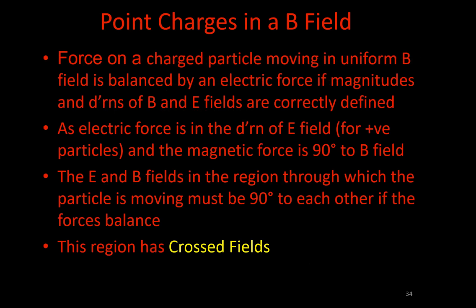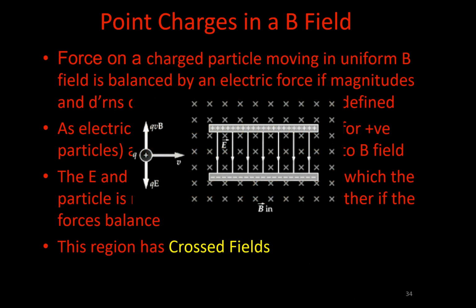So the electric and the magnetic fields in the region have to act on that particle 90 degrees to each other if the forces are balancing. So any region where an electric field is acting 90 degrees to a magnetic field is called a crossed field. That's the simplest way to remember this information.